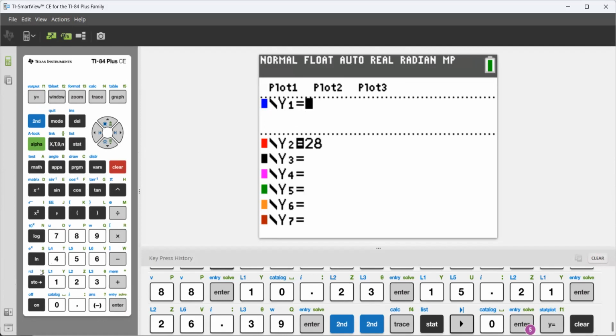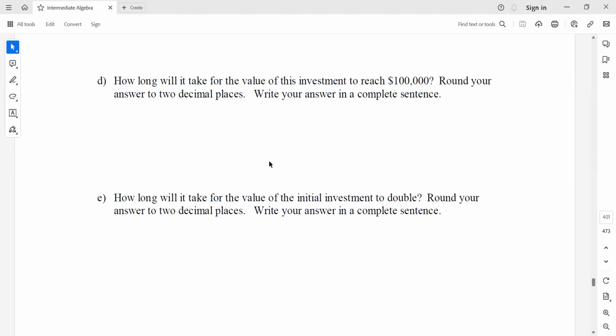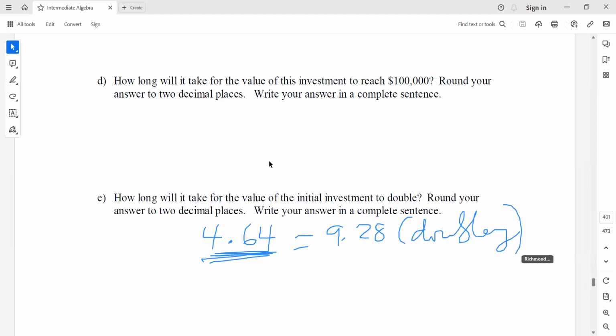Okay, yes. I think the investment was 4.64, right? Let me go back and correct that. From the model, right? From the model it is 4.64. So this would be 9.28 for doubling. Yep. So 9.28. Because from the model, that's what we are using.